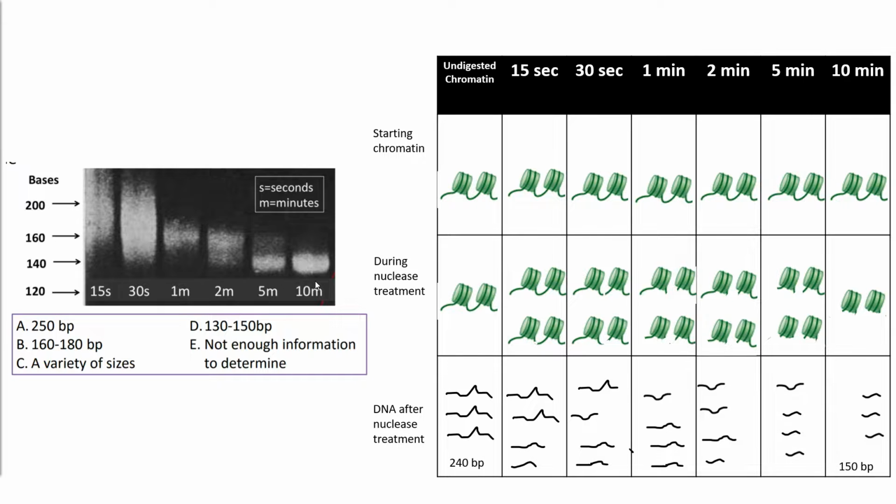The completely digested chromatin at 10 minutes, therefore the answer is going to be D, 140, but at least based on this gel here, is between 130 and 150 base pairs. Depending on the organism, the blueprint of DNA around a nucleosome varies slightly, but typically it's between 140 and 150 base pairs.